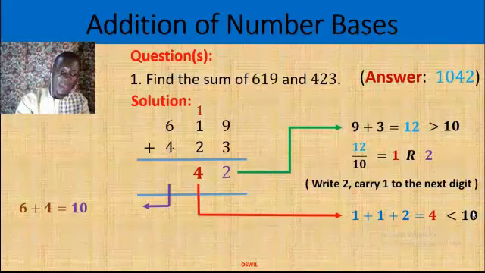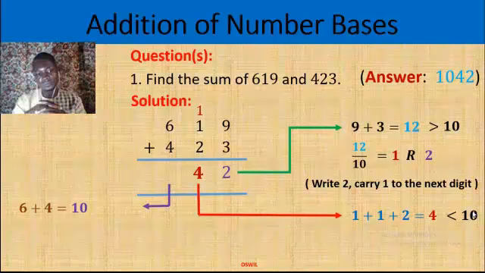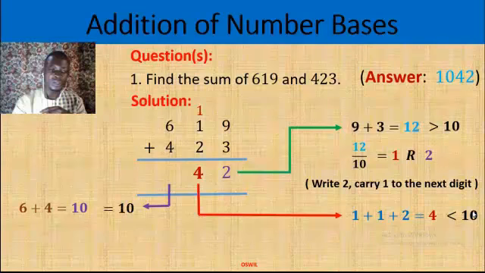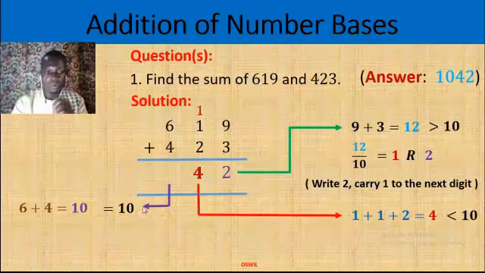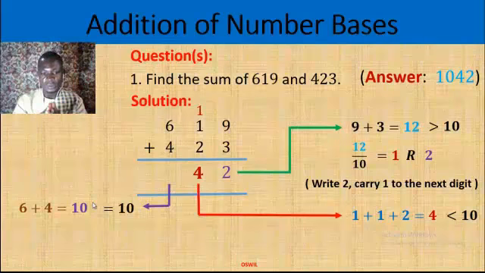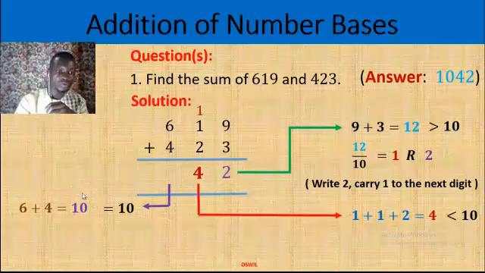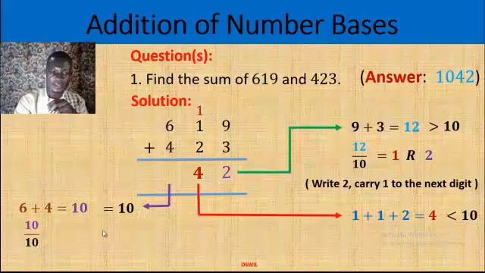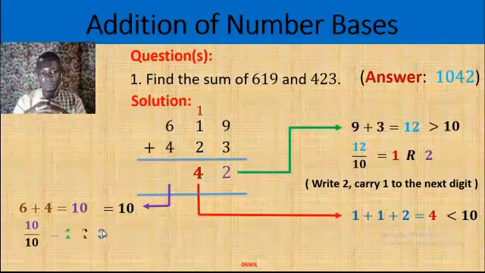Then we compare it with the base we are dealing with, which is base 10, and we know that 10 and 10 are equal. Now, from the procedure, when they are equal, then you have to divide by the base. So we have 10 being divided by 10, and that would give us 1, remainder 0.